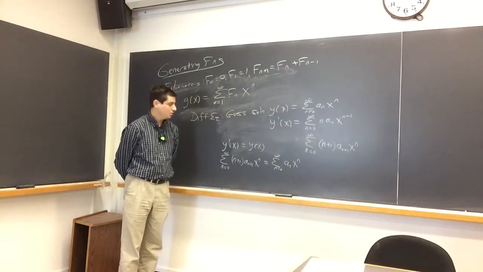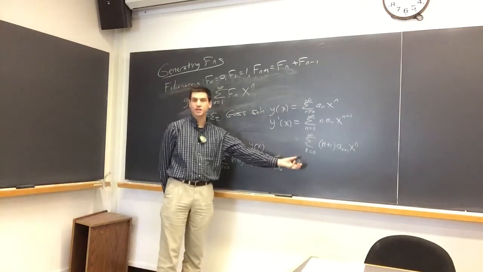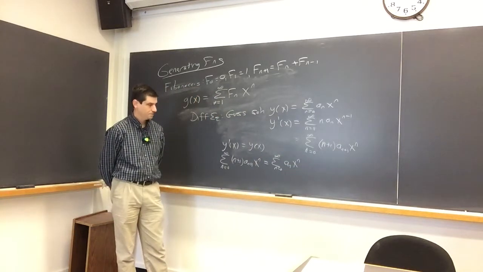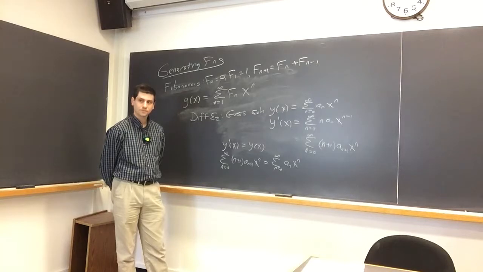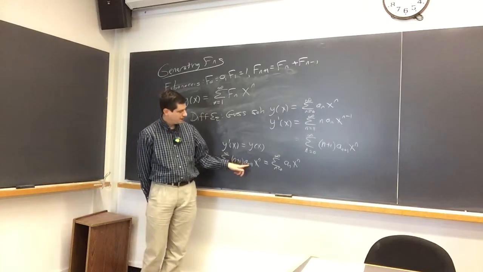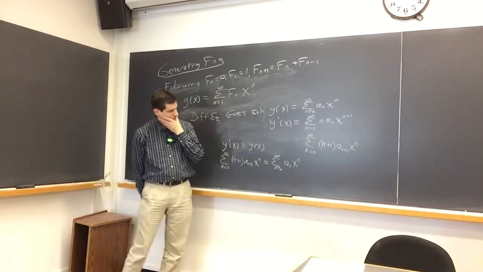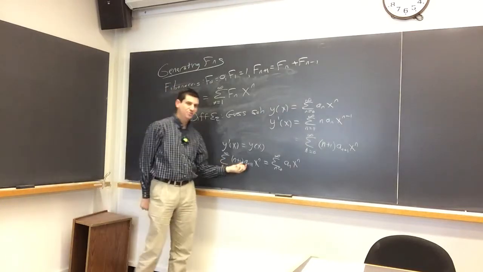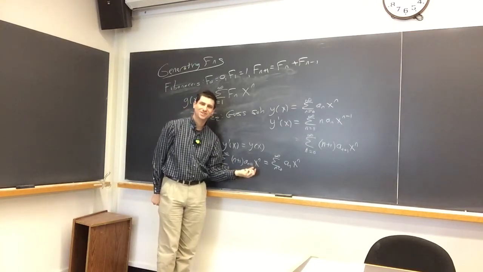And then the hope is that the only way that this could work is if the coefficients match up. What kind of relationship would we get? We would get (n+1) a_(n+1) equals a_n. Anybody have an idea of what function this might be leading us towards?